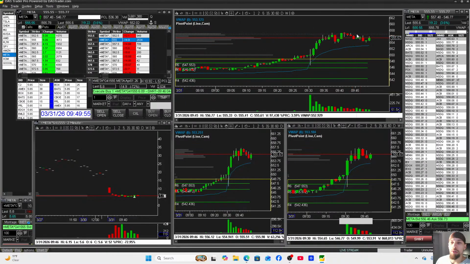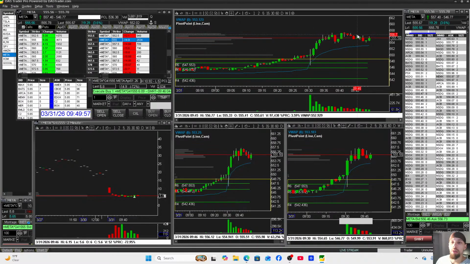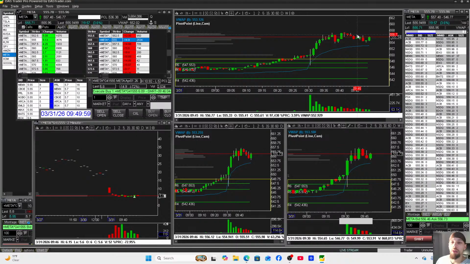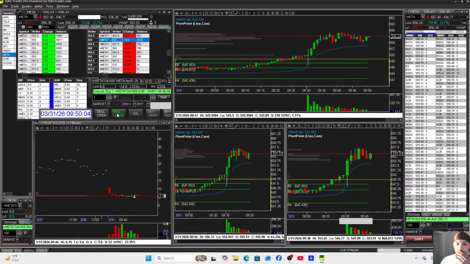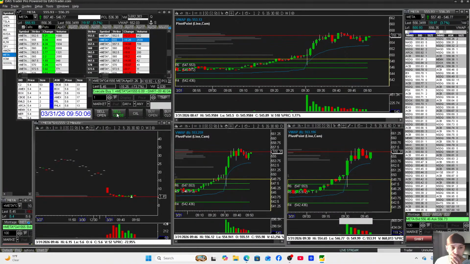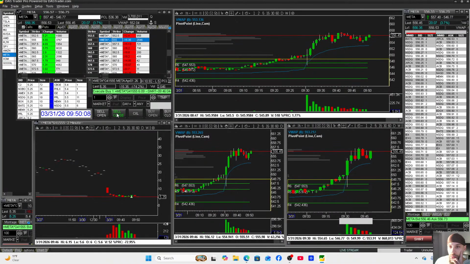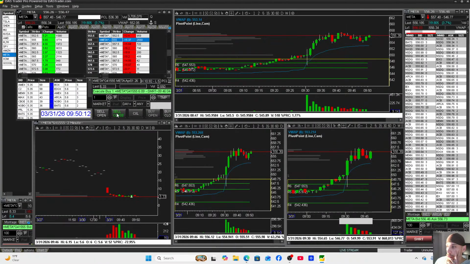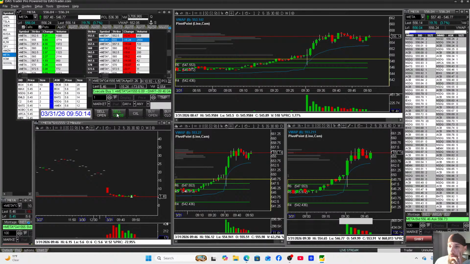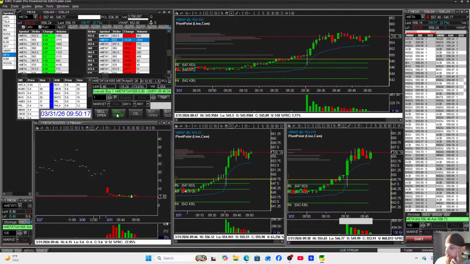Still in our position here. Think we might get squeezed. SPY just tested R5.